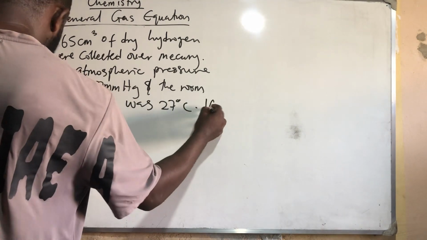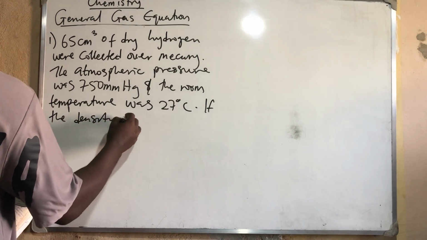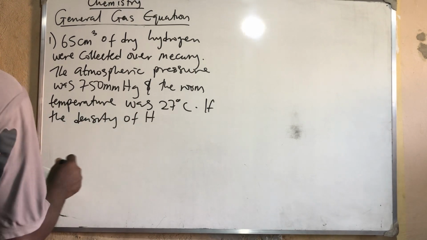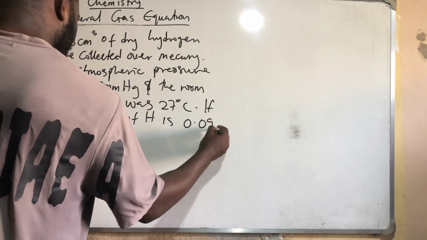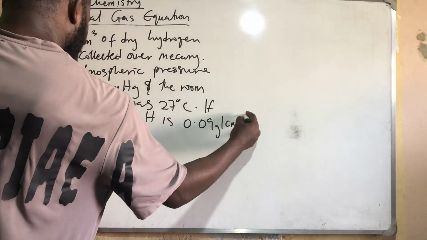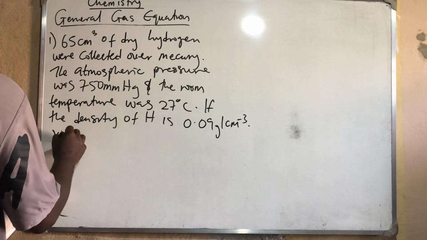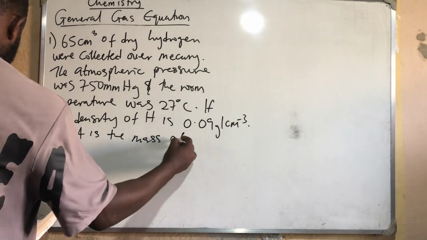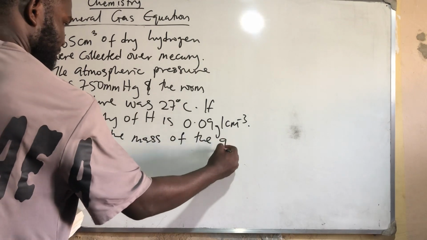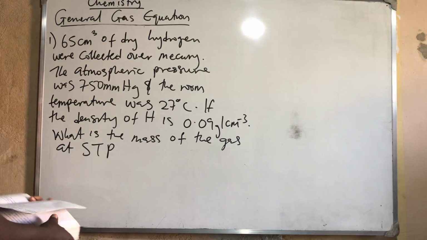If the density of hydrogen is 0.09 gram per cm cube, what is the mass of the gas at STP? Don't forget the STP I told you before.